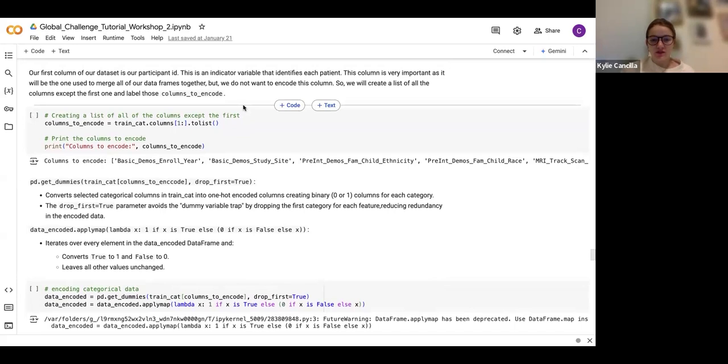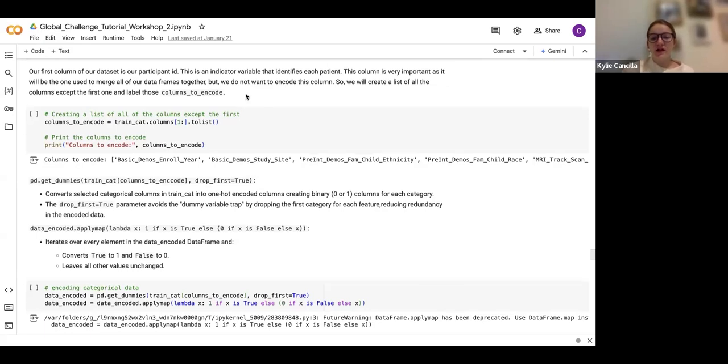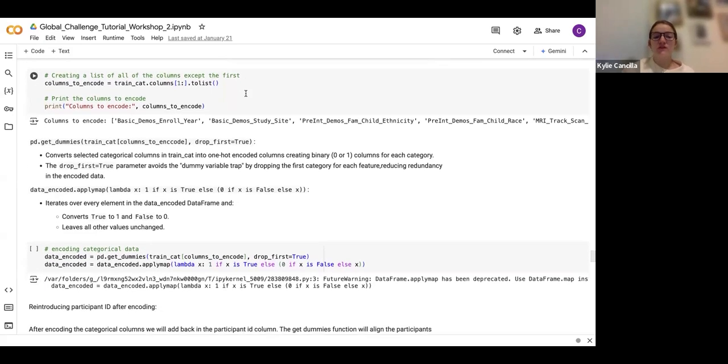That's what this code is doing. The columns to encode variable is a list of all the columns except the first one in our categorical data frame. And then we will use the pandas get dummies function to execute one-hot encoding, and we can do this only on our list of columns to encode.